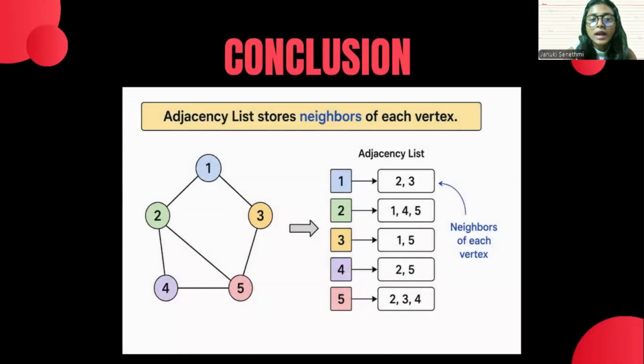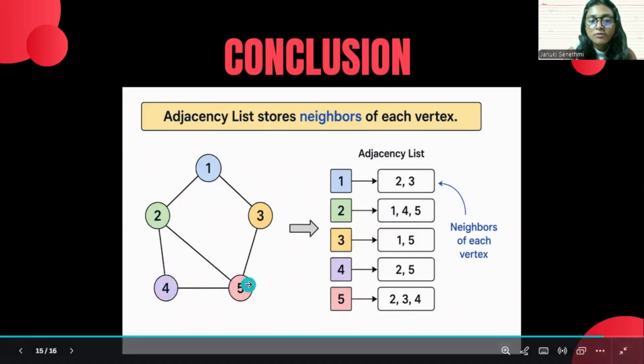This is how an adjacency list stores the neighbors of each vertex. Vertex 1, the neighbors are 2 and 3. As you can see, 1 is connected to 2 and 3. Likewise, 2 is only connected to 1, 4, and 5.